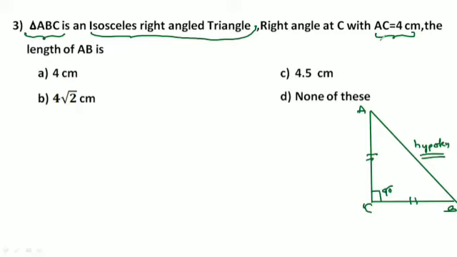Now, the given value is, children, AC is equal to 4 centimeters. It means this side is given as 4 centimeters. So we need to find AB. Here AB is the hypotenuse. We need to find the hypotenuse. But, children, see, hypotenuse, height, and base. So to find any side of the right angle triangle, which theorem is to be used here?